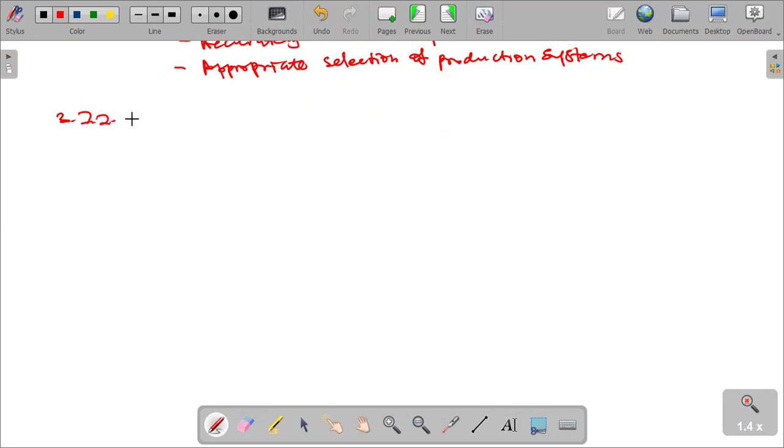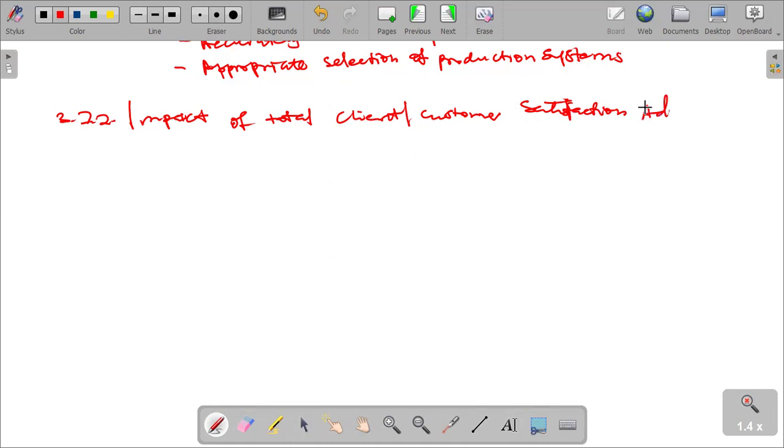It wants us to talk about the impact of total client or customer satisfaction. We are talking about the advantages in this case, the advantages of total customer or client satisfaction.